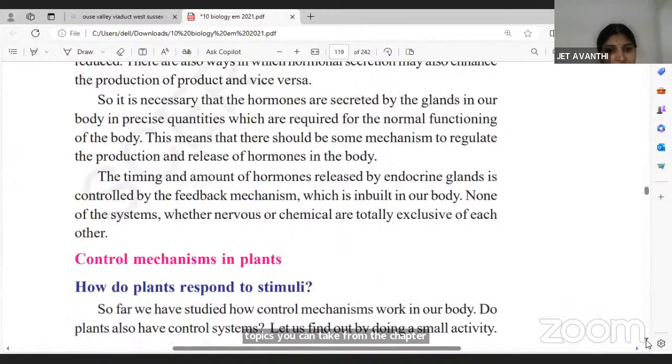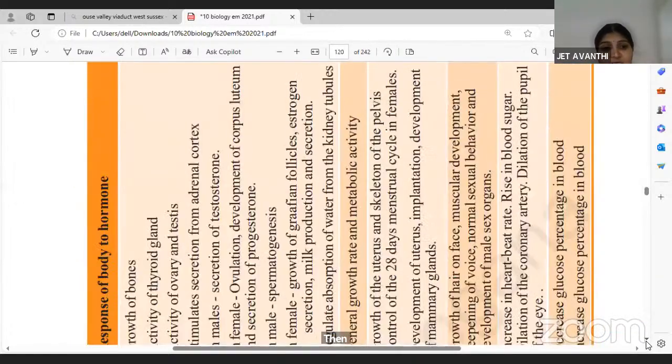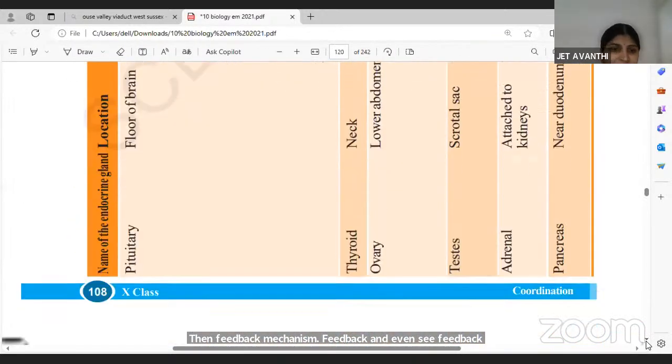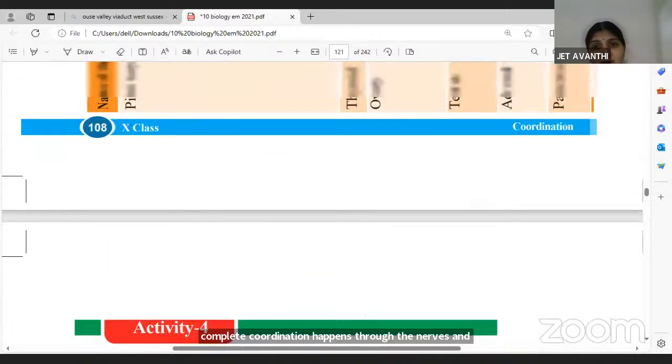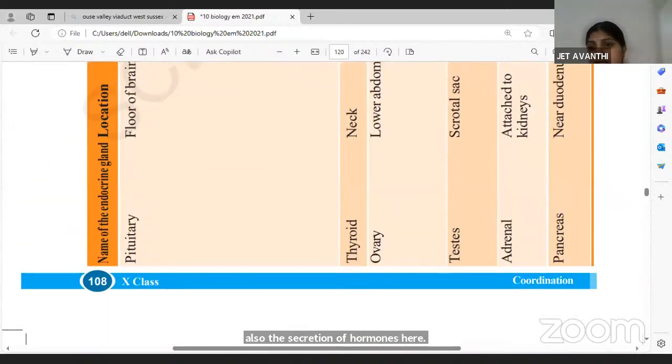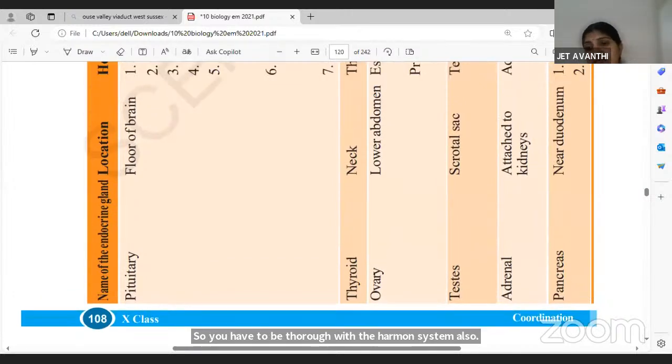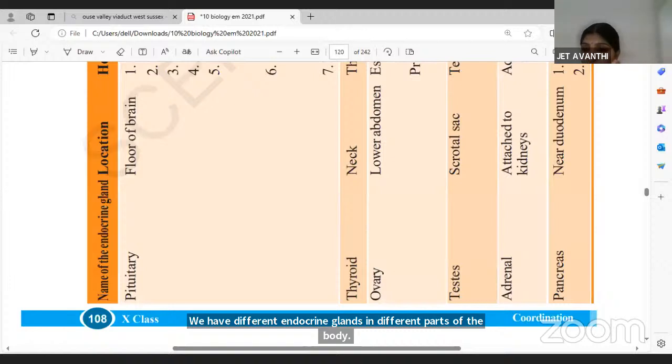Then the feedback mechanism. Feedback mechanism is actually about the hormones, the endocrine system. Here the complete coordination happens through the nerves and also the secretion of hormones. So you have to be thorough with the hormonal system also. We have different endocrine glands in different parts of the body which secrete hormones which help in the development of an individual and the actions.